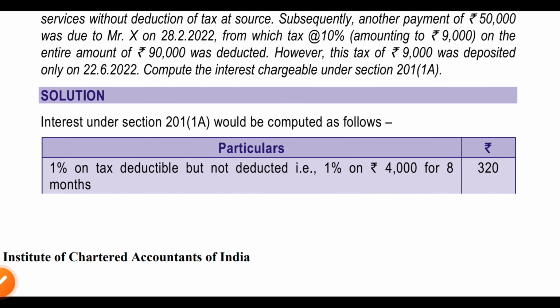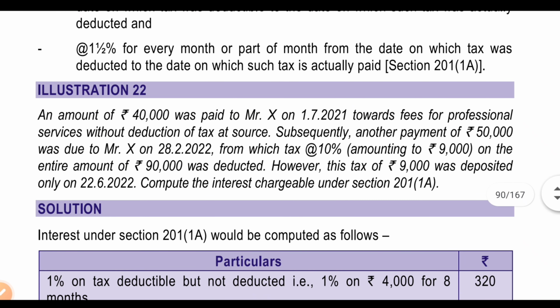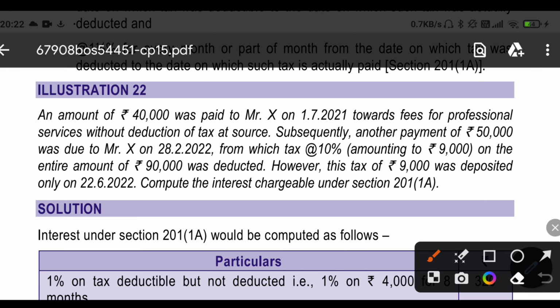Okay, and next there is one more interest, because there is a delay in depositing the TDS, because TDS is deducted on 28 February. It is required to be deposited on 7th of the next month, right? But it has not been deposited, so total delay will be 3, 4, 5, 6.